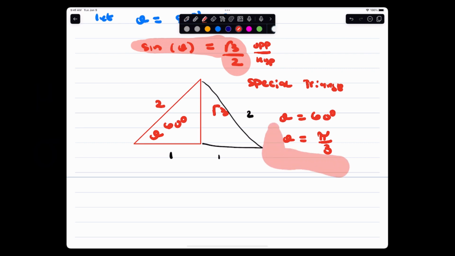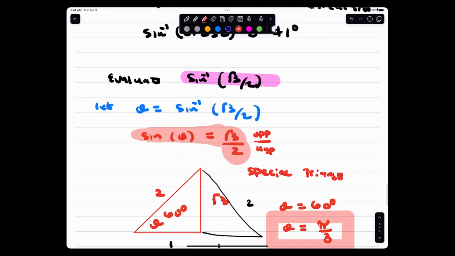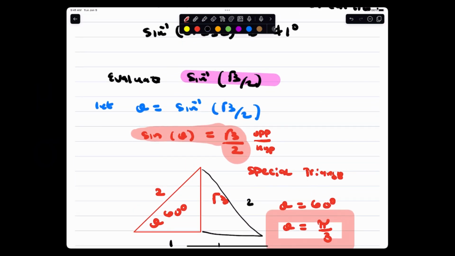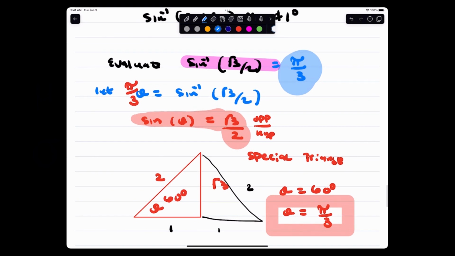So this is what you're going to have to do. Get pi over what? 3. Okay, so this equals pi over 3. And this will equal pi over 3. Easy peasy, lemon what? Lemon squeezy.